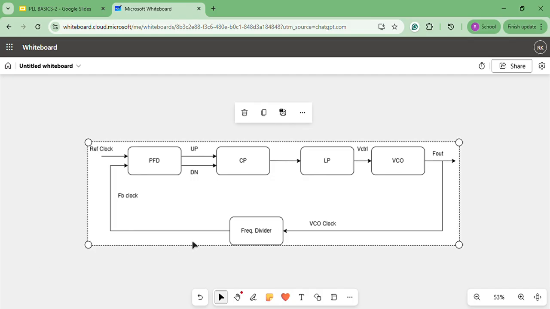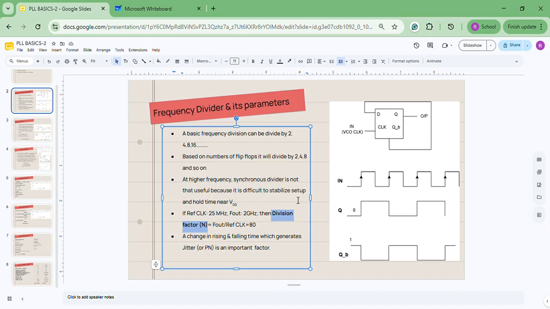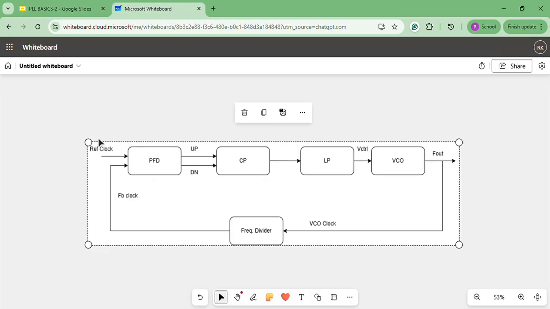Capital N, or the division ratio of the VCO frequency divider, can be defined. Suppose we have considered 25 megahertz as the reference clock, and we have designed our PLL for 2 gigahertz.